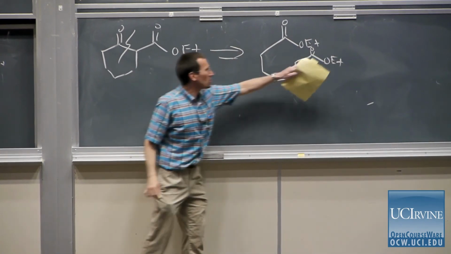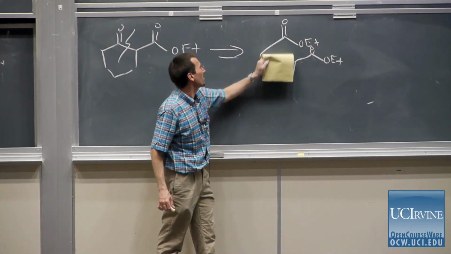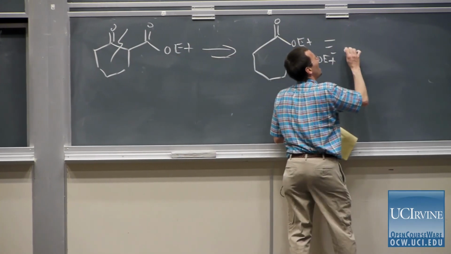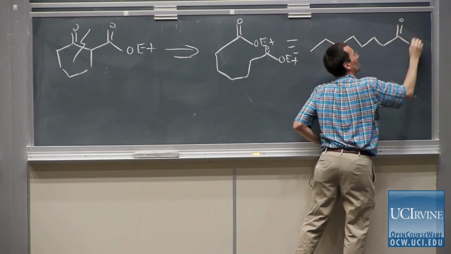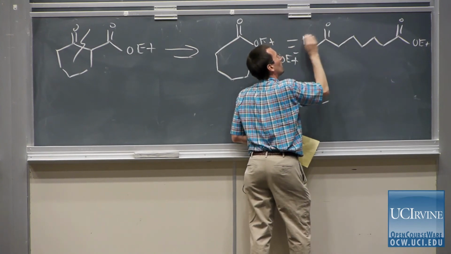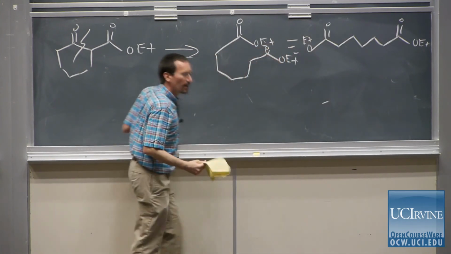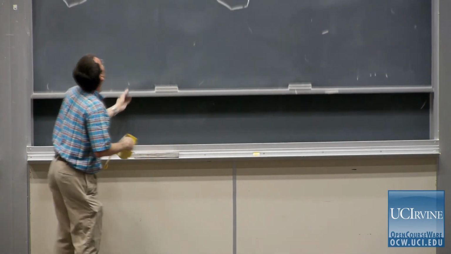And if you count, that's 1, 2, 3, 4, 5, 6, 7. 1, 2, 3, 4, 5, 6, 7. That's just that. And so you can see one way to break it apart.